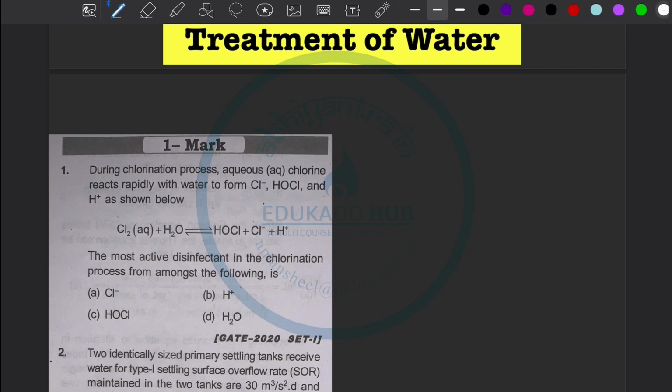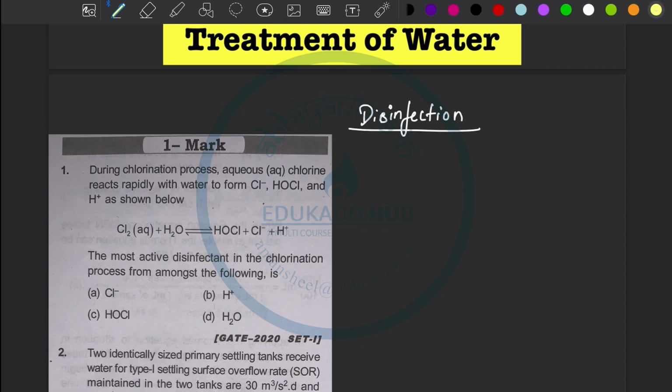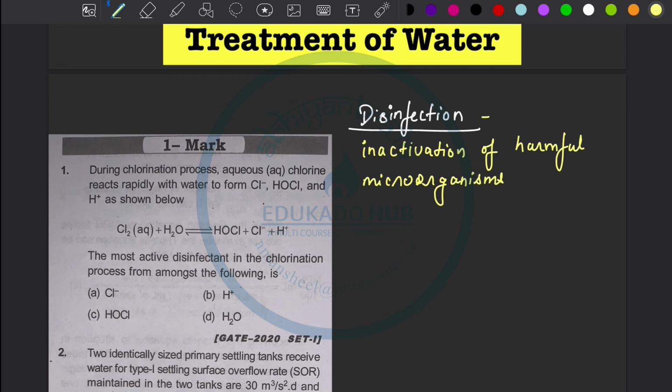getting into the question, we should know the concept, which is disinfection. So what is disinfection? It is defined as the method of inactivation of harmful microorganisms in water, either by physical or chemical process.